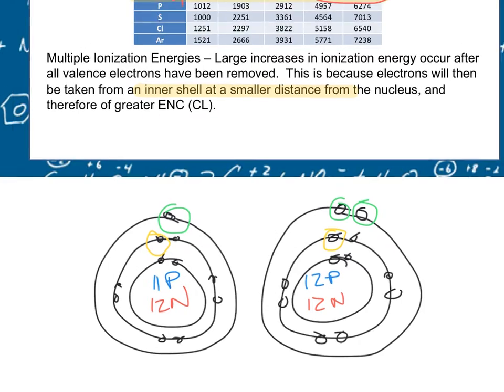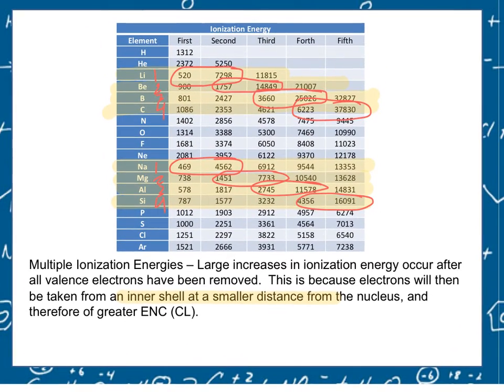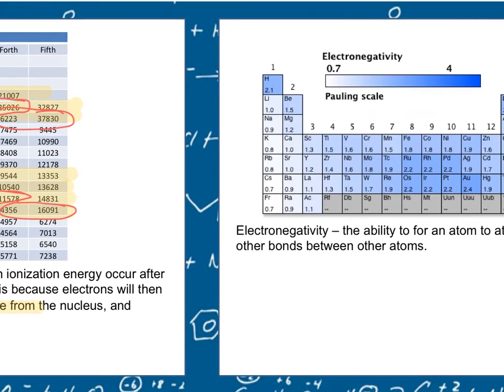So if you're asked to compare the ionization energies where you have this large jump, you're going to answer that the increase occurs once you're starting to remove inner electrons, which are closer to the nucleus, therefore they have a higher effective nuclear charge, drop in Coulomb's law.